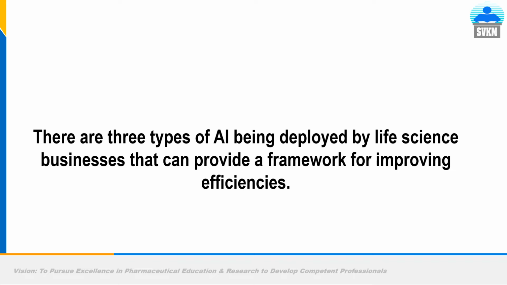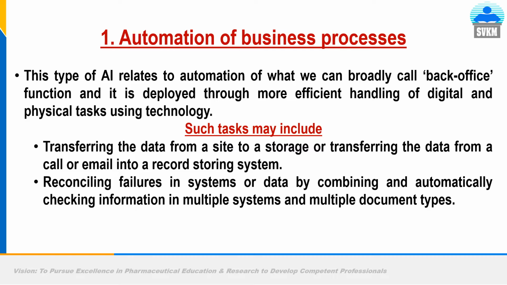So there are three types of AI being deployed by life sciences businesses that can provide a framework for improving efficiencies. Automation of business processes. This type of AI relates to automation of what we can broadly call back office functions, and it is deployed through more efficient handling of digital and physical tasks using technology.